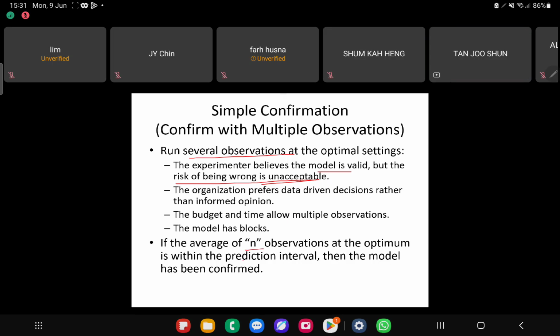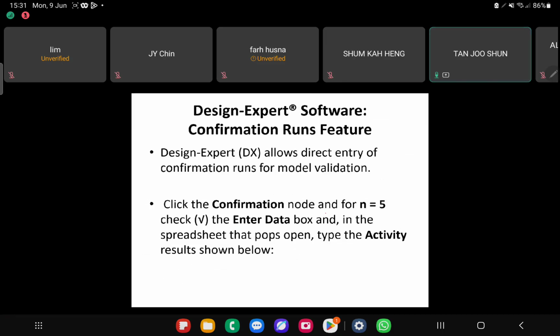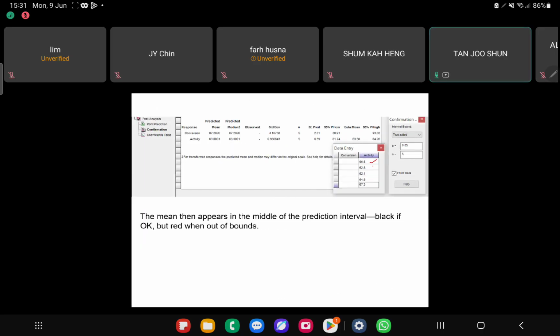So you will take the average; for example, if you do triplicates, then the average of 3. If you do 5 replicates, then the average of 5. For example, here I do 5 replicates.